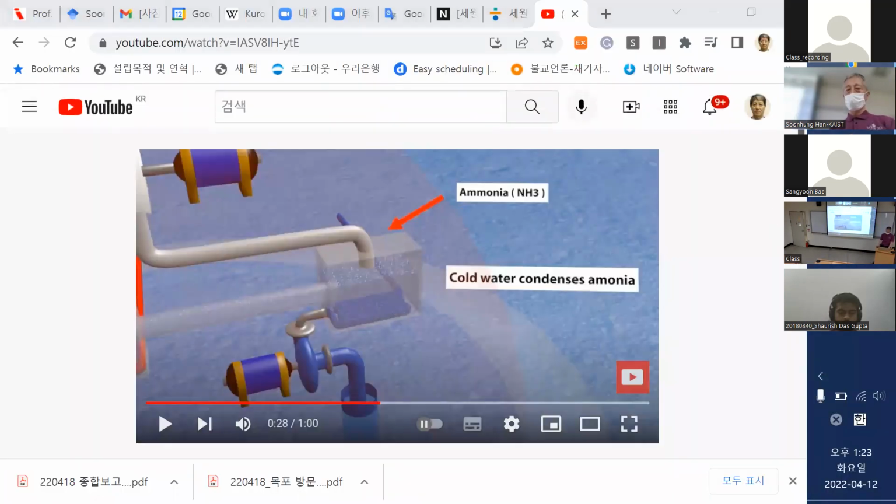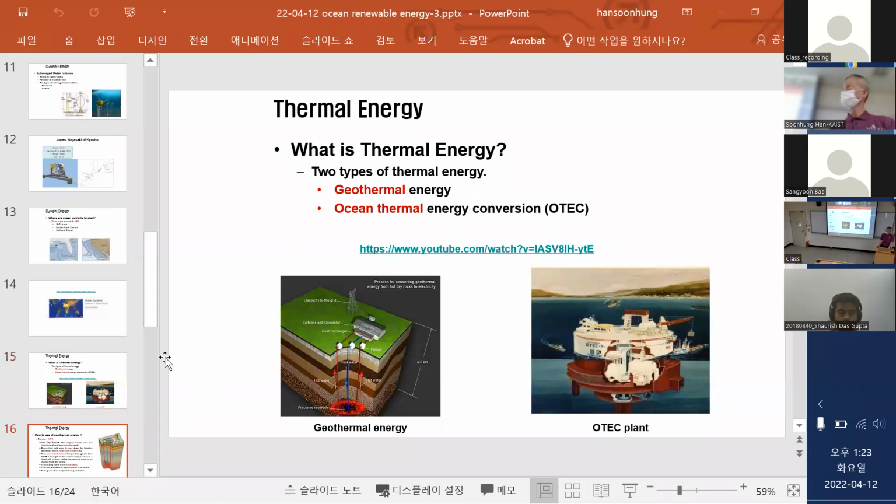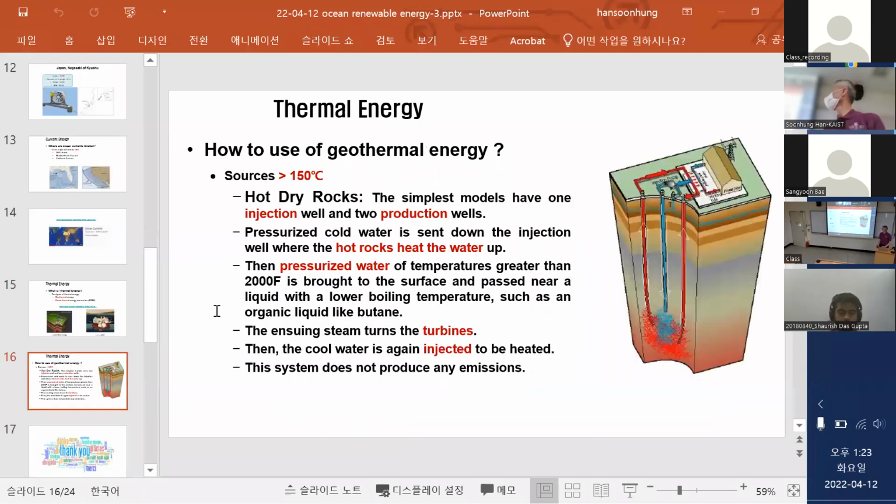Okay. Move on to the next slide. So how to use that geothermal? Already we explained. How to use the source? Deep in the land, there can be a hot spring.